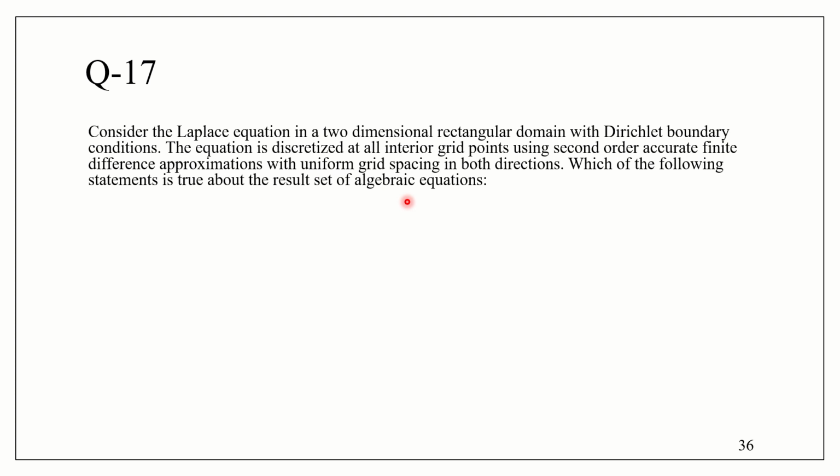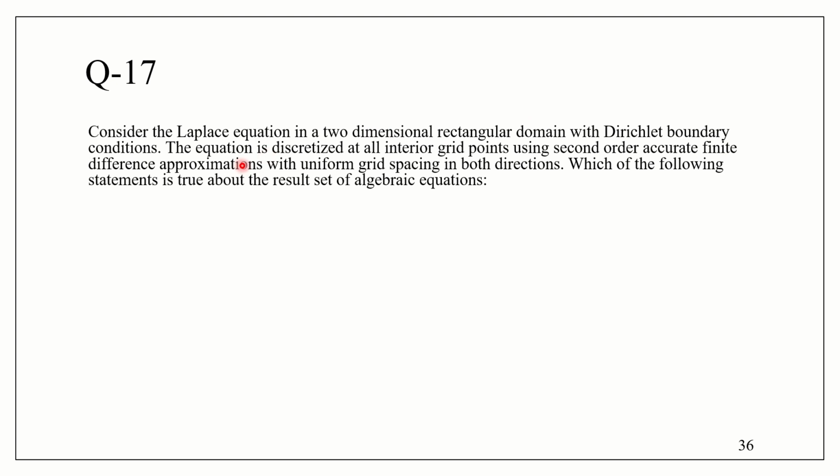So we have a two-dimensional rectangular domain with Dirichlet boundary conditions, where the variable value is specified on the boundary. The equation is discretized at all interior grid points using a second order accurate finite difference approximation, and the grid spacing is uniform.